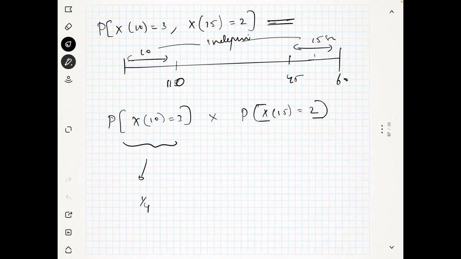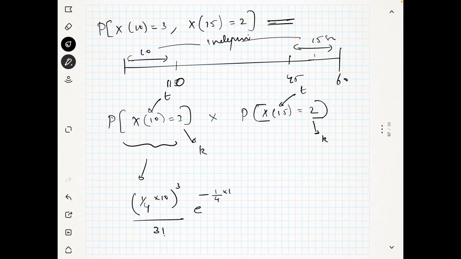So lambda t, lambda into t, is 10. The whole raised to k, where k is 3 here, and t is 10 in this case. It is very easy. Divided by k factorial, that means 3 factorial, into e power minus lambda t, where lambda is 1 by 4 into 10.